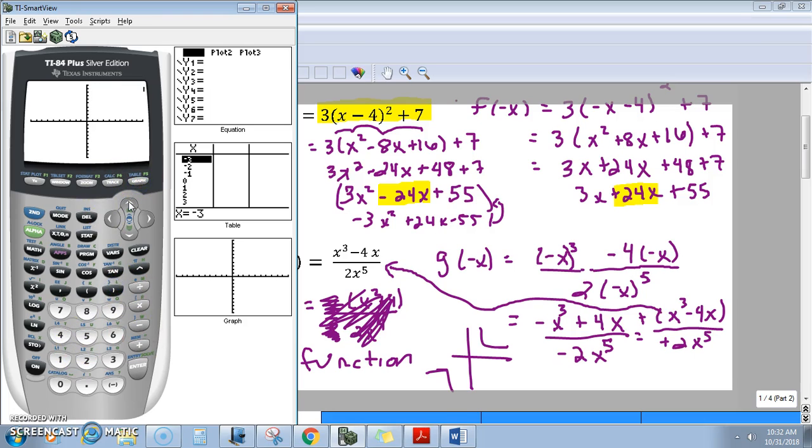Graph. Oh, and look, I was wrong, I knew that looked wrong. It is reflective about the y-axis. So if I had it right here on the y, it would fold over on itself and be reflective around the y-axis.